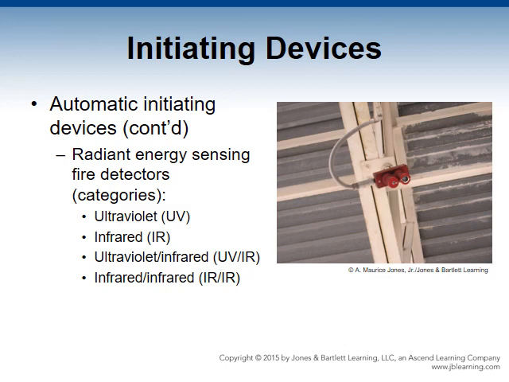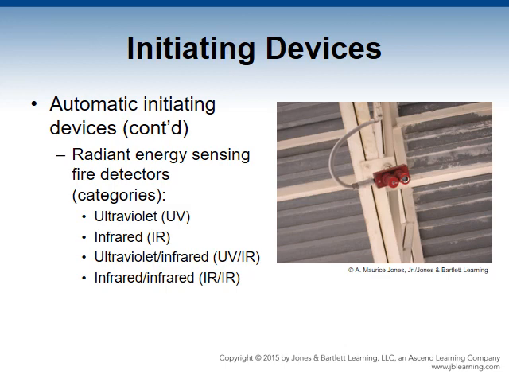Flame detectors are designated by the part of the light spectrum they detect, such as ultraviolet, infrared, ultraviolet-infrared, and infrared-infrared. UV-IR and IR-IR types have two sensing components.